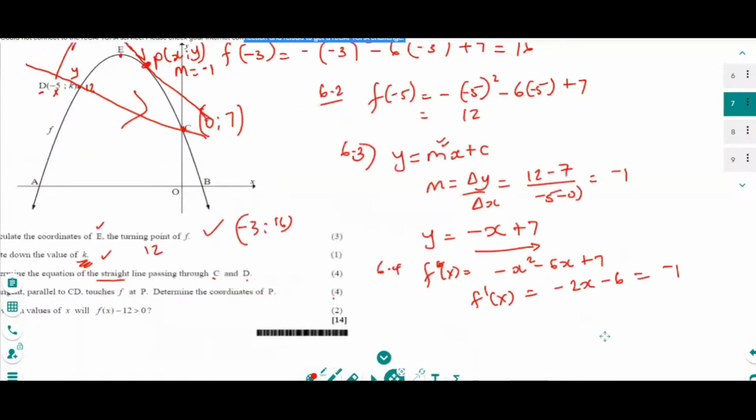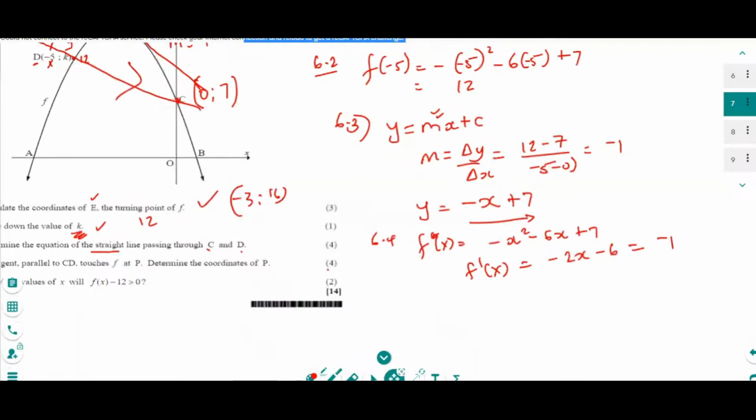Okay, so when I move the 6 that side, it will give me a +6, and then -2x is going to be equal to 5, which means my x is -5/2. So that is my x coordinate of P. Then for me to get the y coordinate, I'll take this and substitute it into the original to get the y.